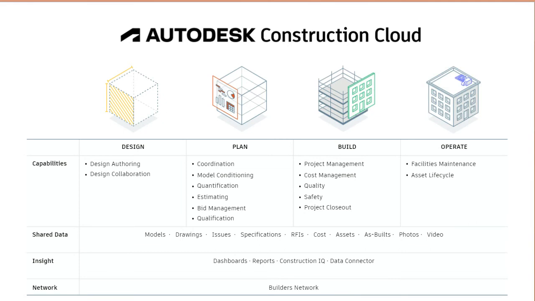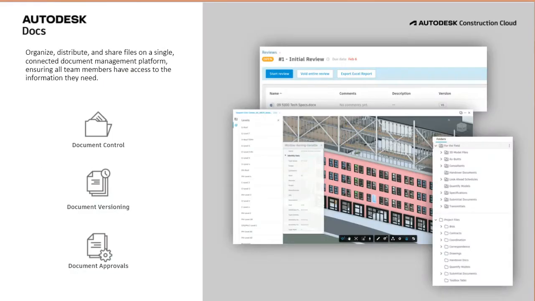So let's get into some of the details of what these tools are capable of. First, we've got Autodesk Docs. This is what Autodesk calls the common data environment. This is document versioning automatically so that everyone on the team is working off the latest information. You can compare between different versions.